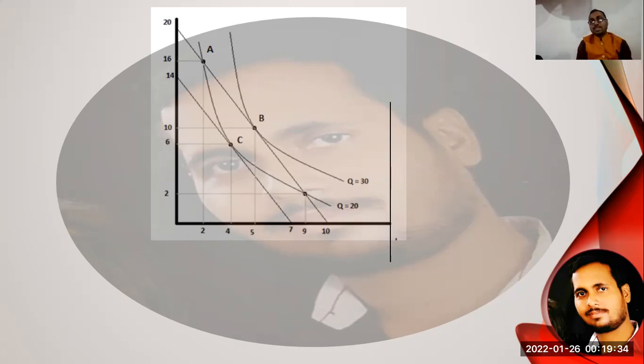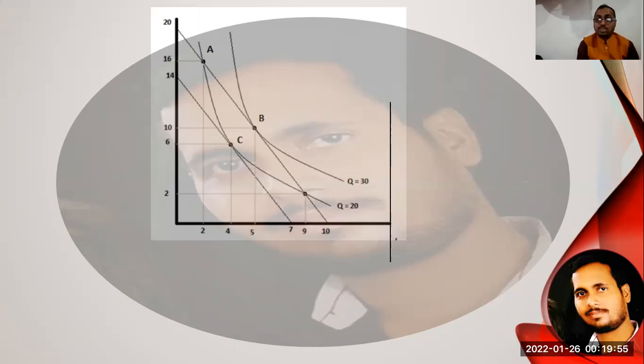So in this situation, the entrepreneur will get the production equilibrium at point C. But as we say, students, the upper cost line provides the maximum production capacity of the entrepreneur.